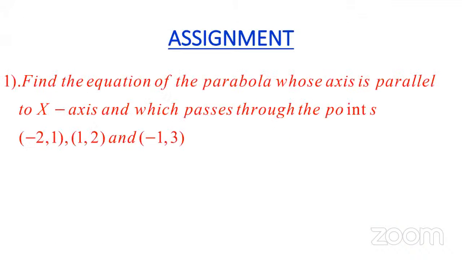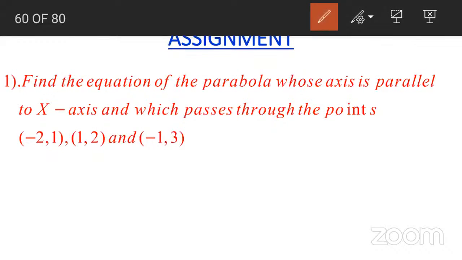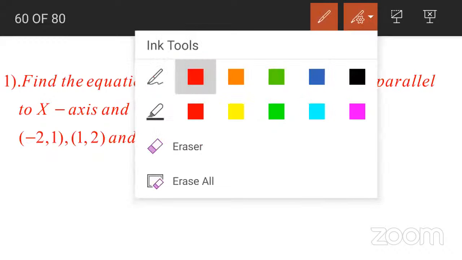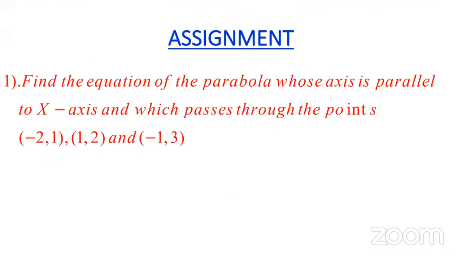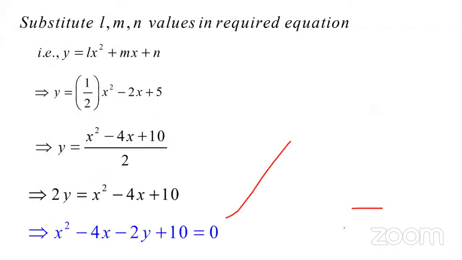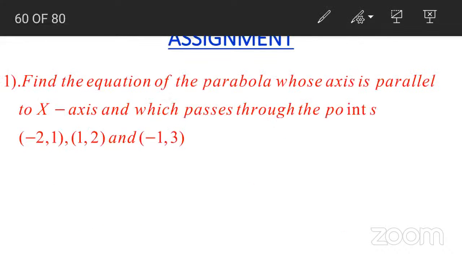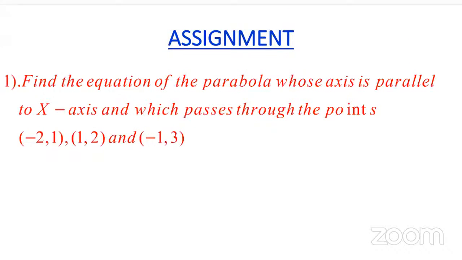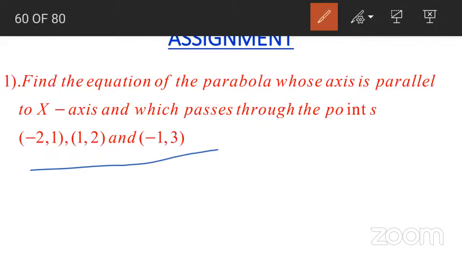Find the equation of the parabola whose axis is parallel to x-axis and which is passing through these 3 points: minus 2 comma 1, 1 comma 2, and minus 1 comma 3.